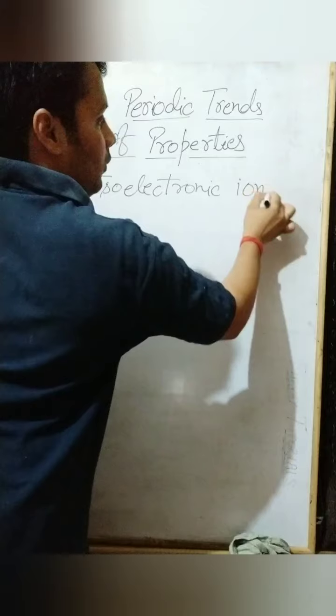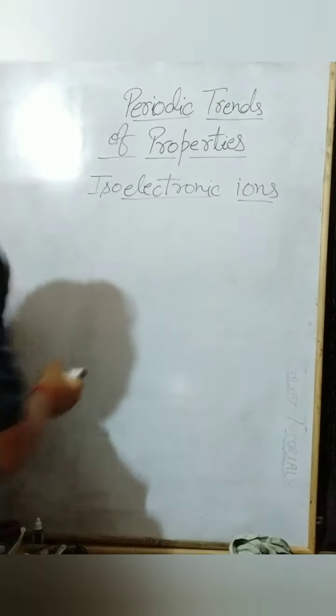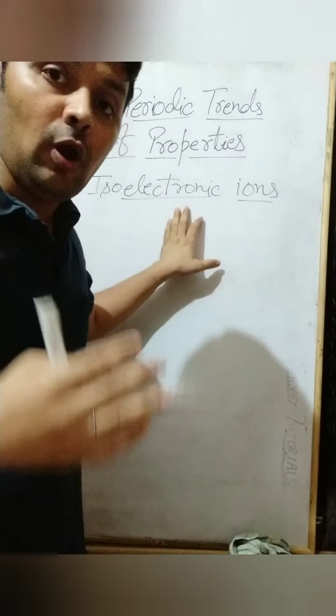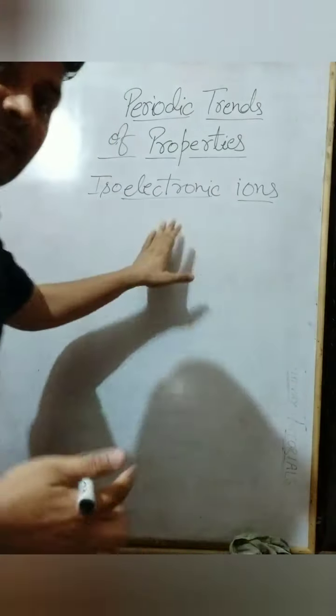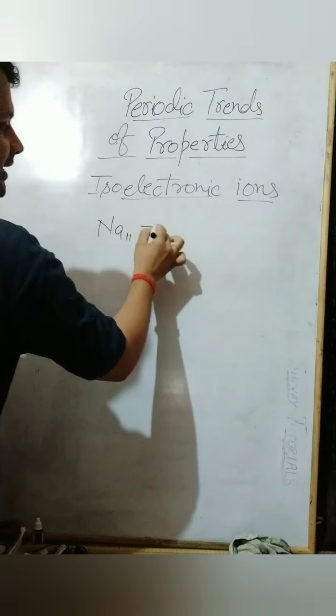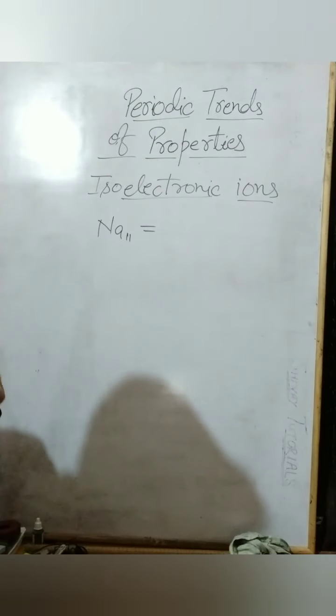What are isoelectronic ions? Isoelectronic means the same number of electrons. Let's see with an example, you will understand easily. Sodium has atomic number 11.